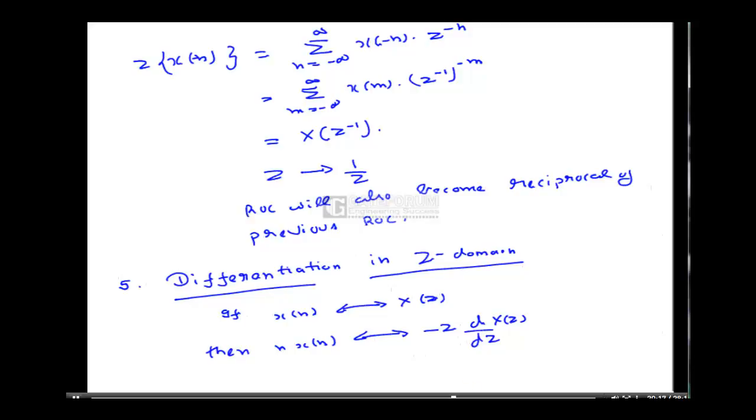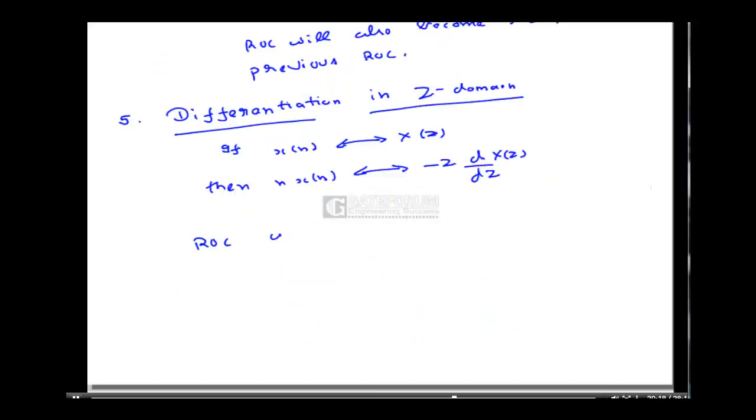Okay, ROC will not change. This is a note. Based on this, you will see two problems for differentiating Z transform, how the effect will be there on the time domain signal.